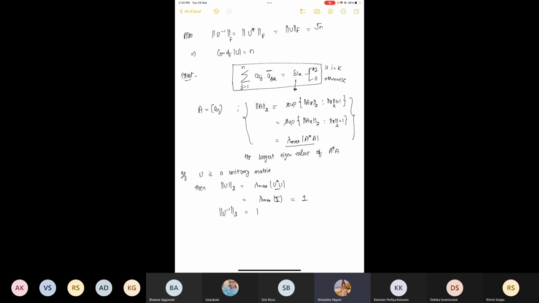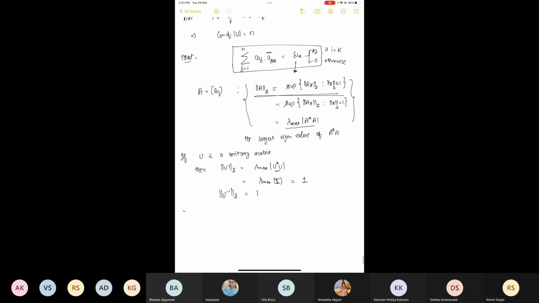Sir, please explain this norm again. This one. Yes sir. It is a definition that if 1 is less than or equal to p less than infinity, and A is any n cross n matrix, then the Lp norm of A is nothing but the supremum of the Lp norm of AX, such that the norm of X in p is less than or equal to 1.